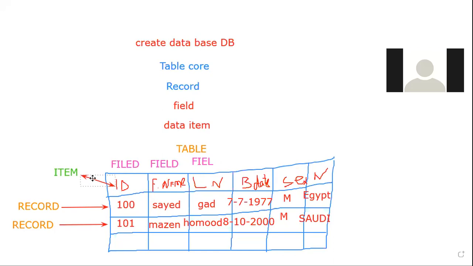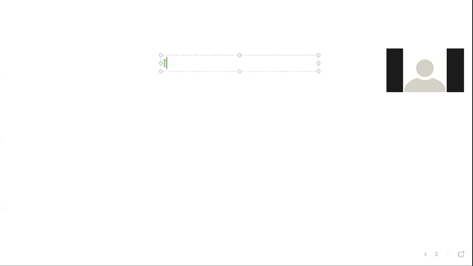So if I have items and I collect all my items inside one field, and I collect all my fields side by side, I will have records.